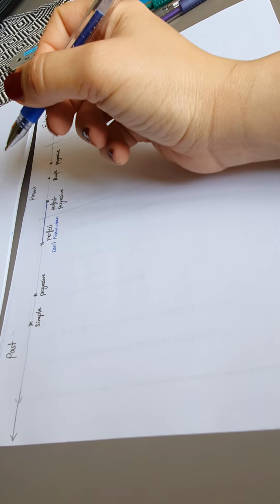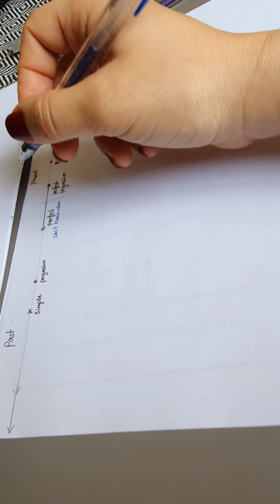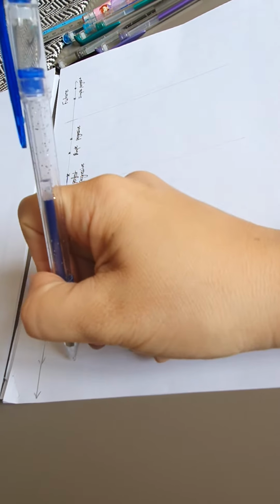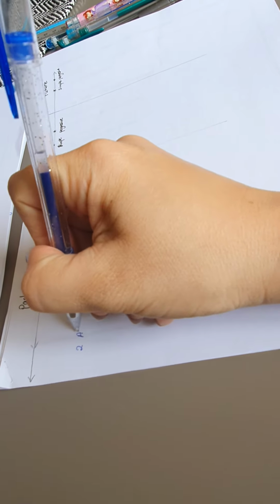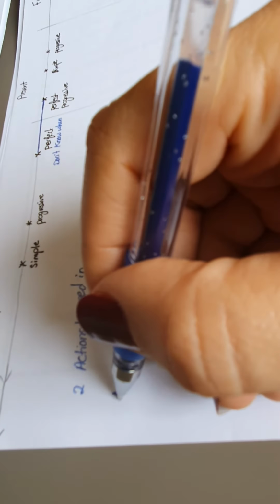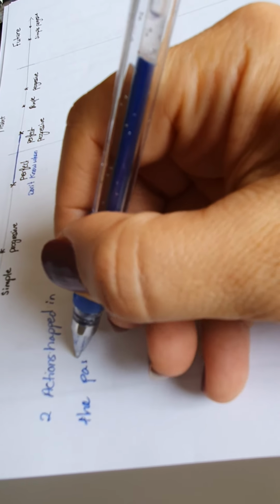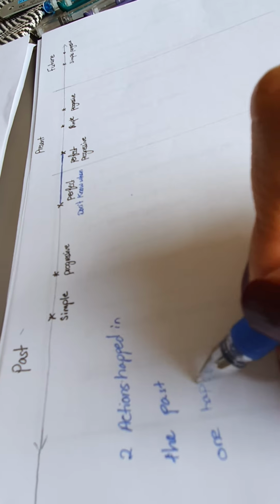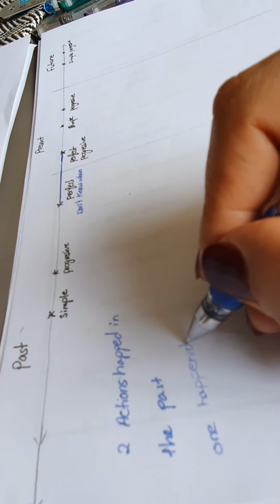Now I want to ask you a question. If you are writing a narrative and two actions happened in the past, if you're telling me a story, two actions happened in the past, and you want to tell me that one of them happened first, how do you tell me that this happened first?